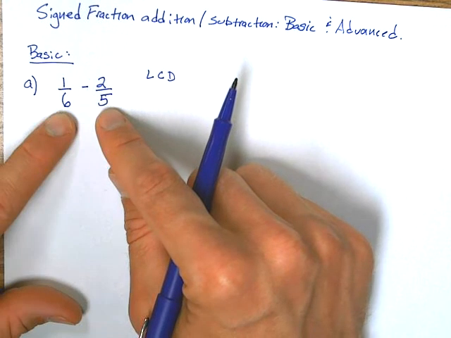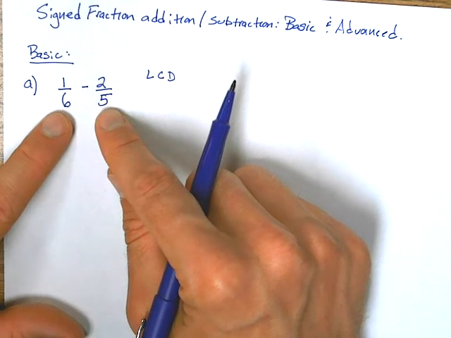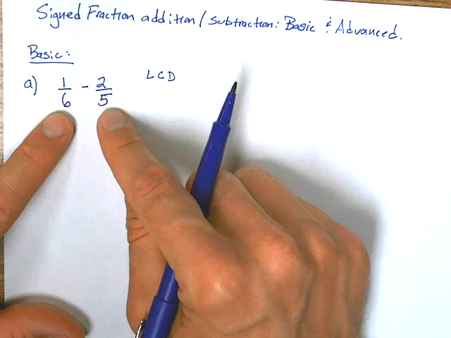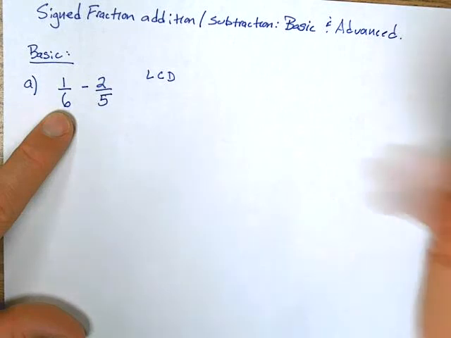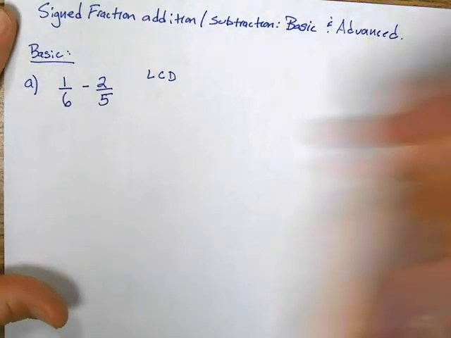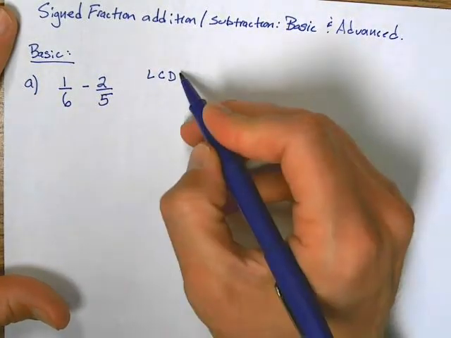Most students are pretty good at figuring out, just looking at the 6 and the 5 and knowing the multiples of each, the lowest common multiple or the lowest common denominator. There's a couple things you could do to find this.